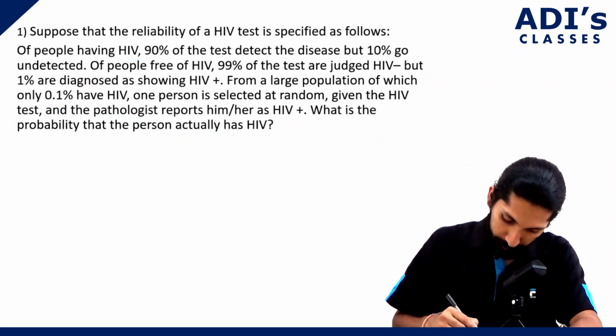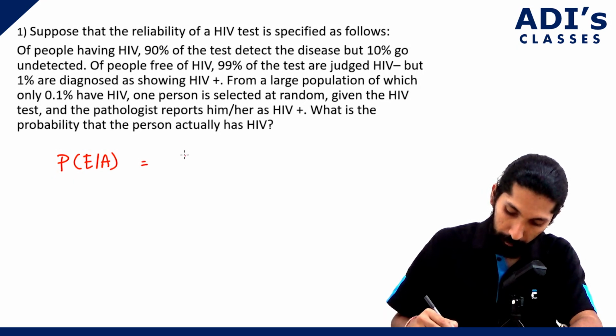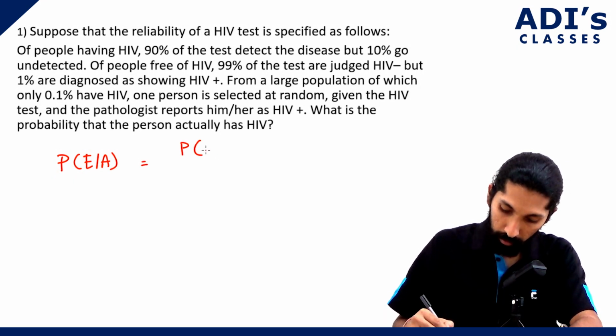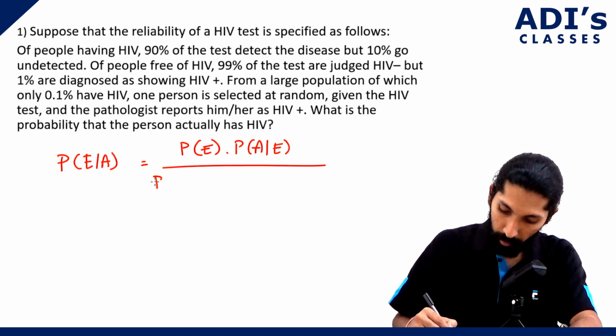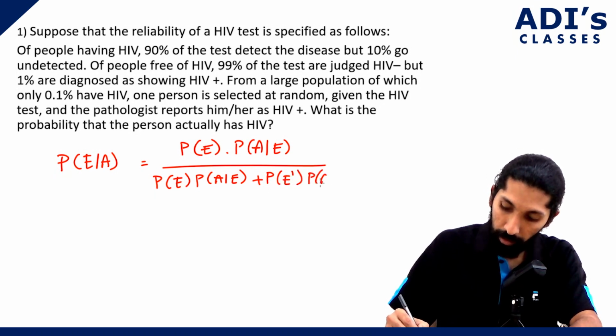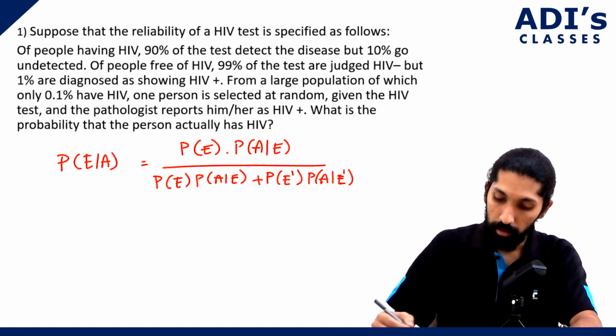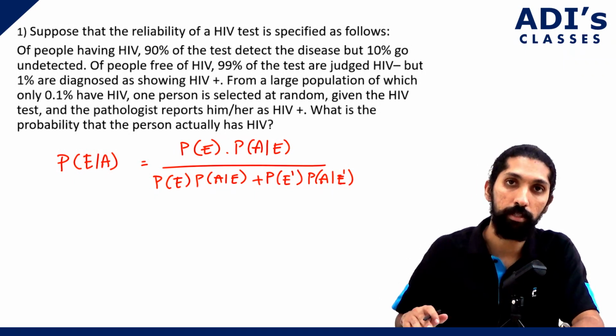See, we have P of E given A is nothing but P of E into P of A given E divided by P of E into P of A given E plus P of E complement into P of A given E complement. Right? So this is what we have. Guys, we know everything which is there in the RHS, isn't it?